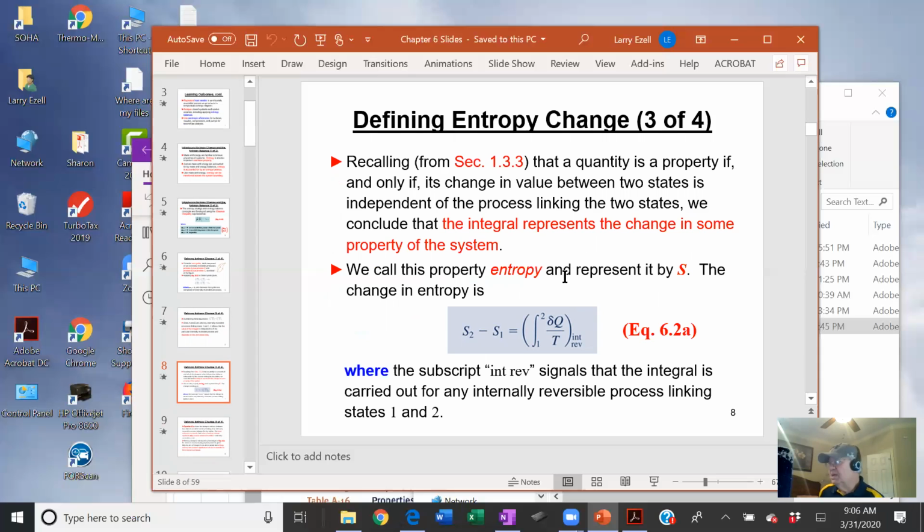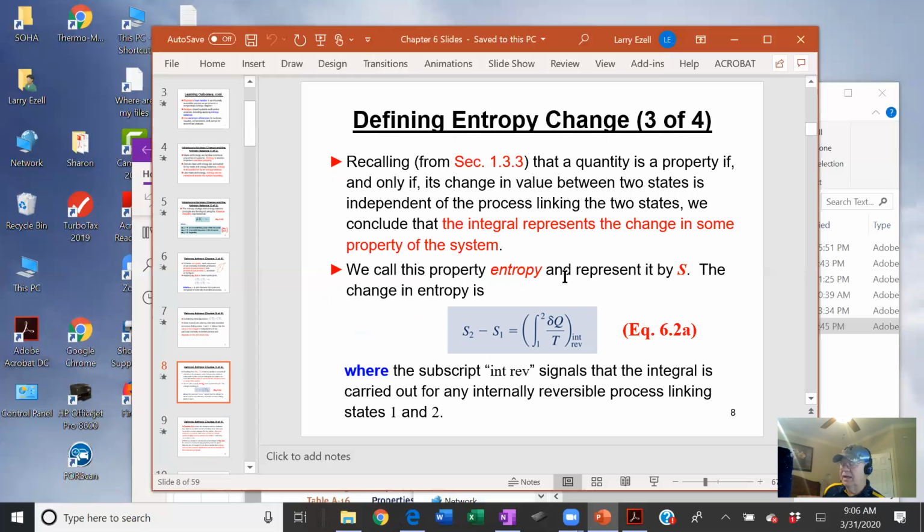If we recall from section 1.3.3 that a quantity is a property if and only if its change in value between two states is independent of the process. So we just, in a lightly mathematical way, proved that.